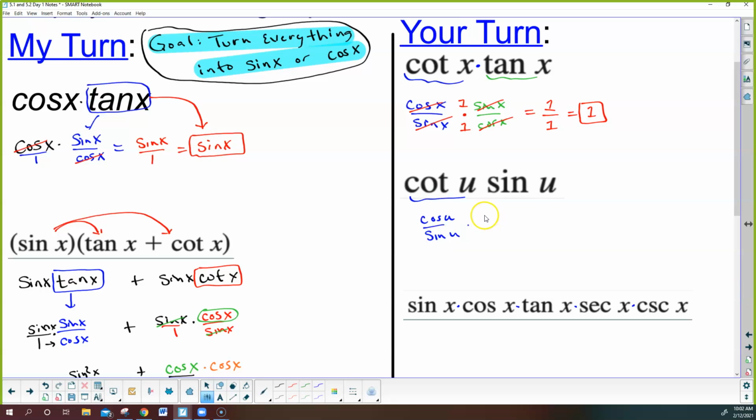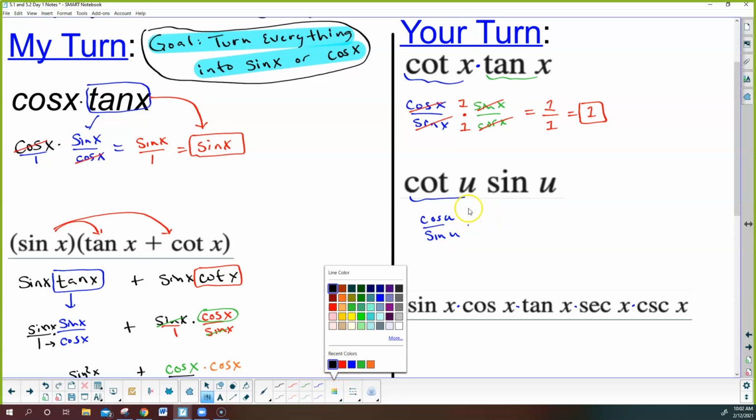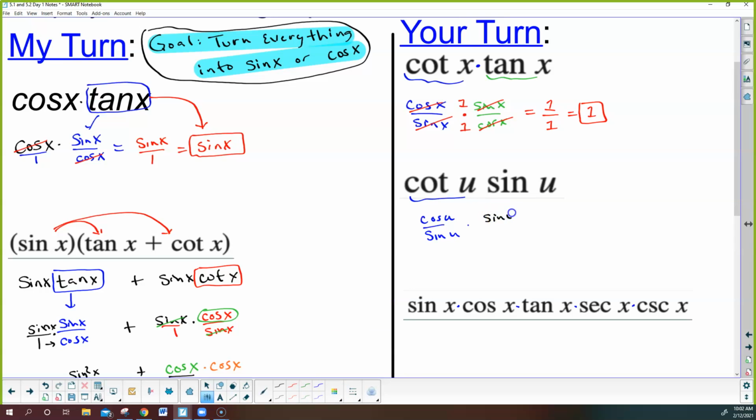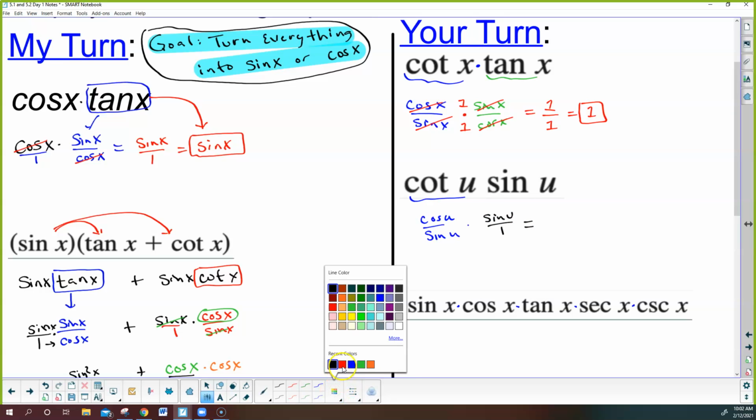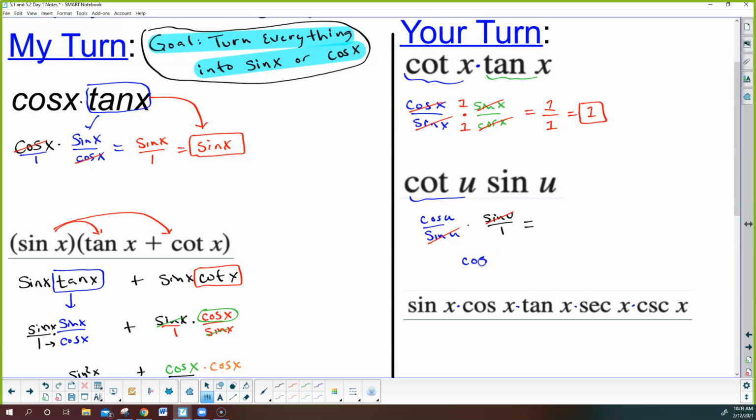And then we're going to multiply that by the original sine. I think of this as sine over 1. And then notice you've got common factors on top and on bottom. You've got a sine on top, sine on bottom. That reduces out. And notice I'm doing what I said we probably shouldn't. It's not that big of a deal. I'm left with cosine over 1, which officially is just cosine of u.